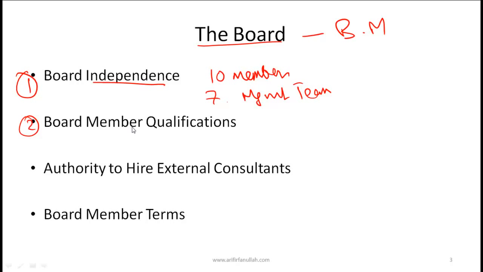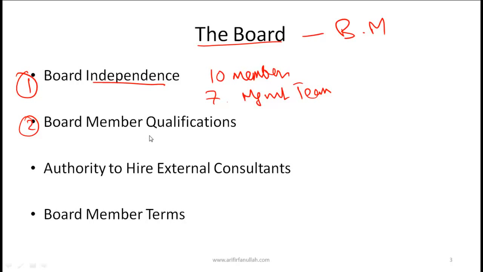Here an investor must determine whether a board member has the qualifications the company needs for the challenges it faces. So clearly, essentially this is saying that the board members need to be competent. The idea being that if board members are not sufficiently qualified for the position they hold, then management can get away with things that are not in the best interest of the shareholders.